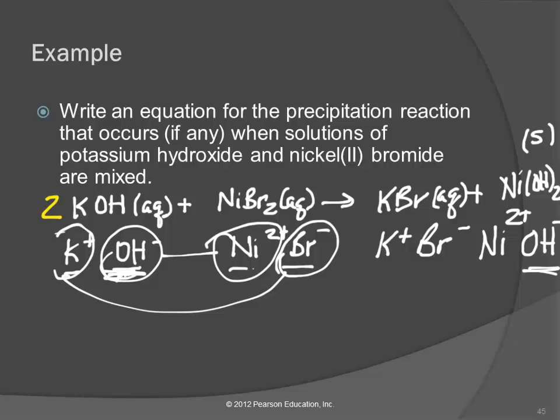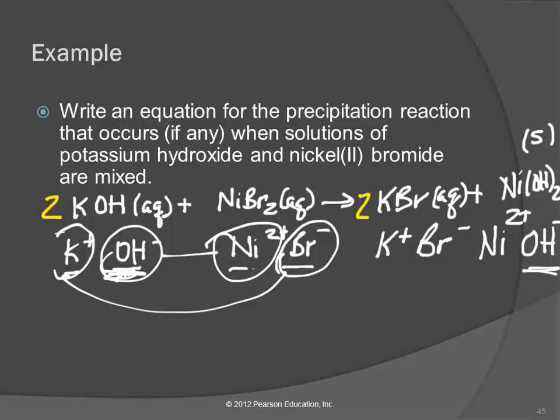I've got 2 hydroxides on the left, 2 hydroxides on the right, but I messed up the potassiums that I had already considered. So I need to make there be 2 potassiums on the right side. So now I've got 2 potassiums on each side, 2 hydroxide ions on each side, and then let's look at the other ones. Nickel, there's 1 nickel on the left and 1 nickel on the right. There's 2 bromines on the left and 2 bromines on the right. So this is our balanced equation.